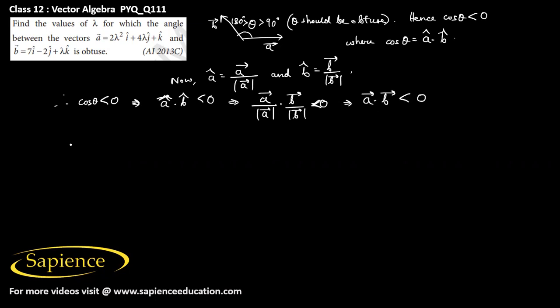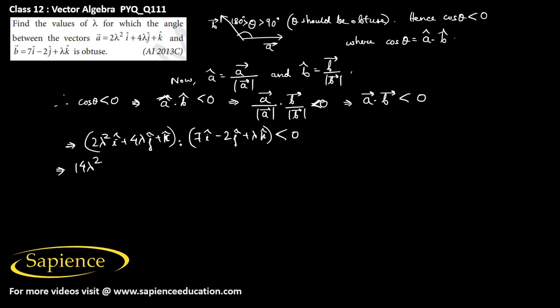Now vector a is given as 2 lambda square i cap plus 4 lambda j cap plus k cap, and its dot product with 7 i cap minus 2 j cap plus lambda k cap is less than 0. This equals 14 lambda square minus 8 lambda plus lambda, which should be less than 0.